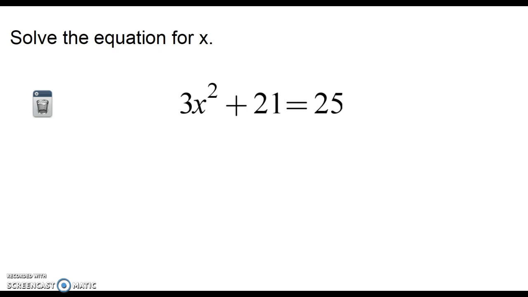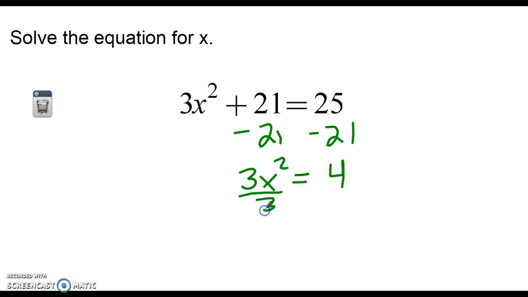Okay, last thing, solve equations for x. Use inverse operations to try to get the x squared by itself. Subtract 21 from both sides. 3x squared equals 4. Divide both sides by 3. X squared equals 4 over 3.